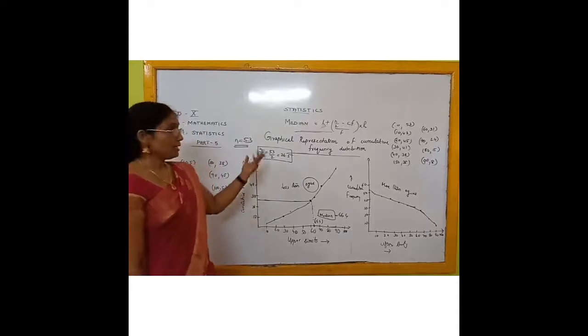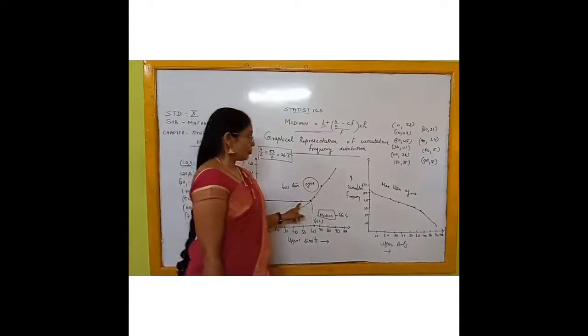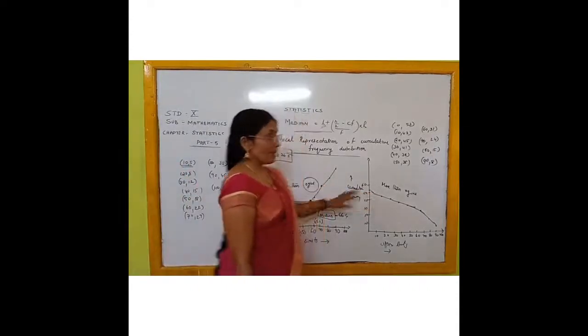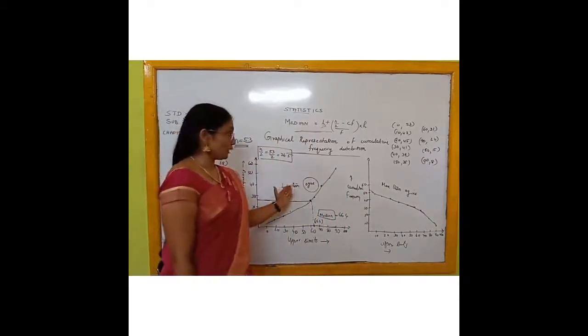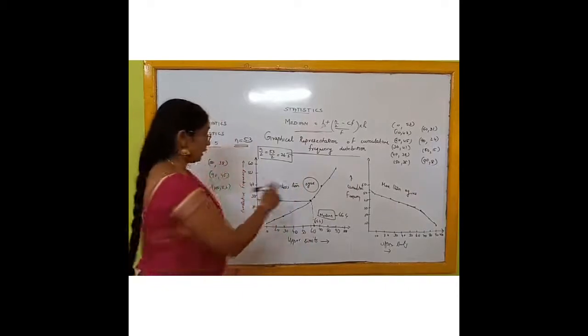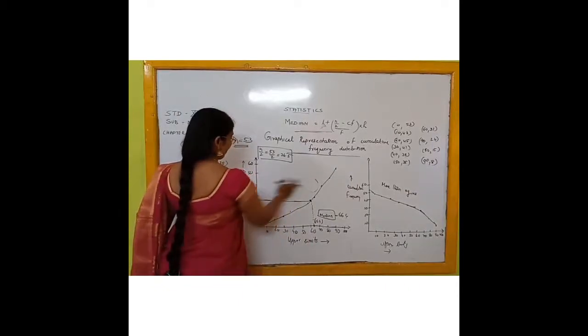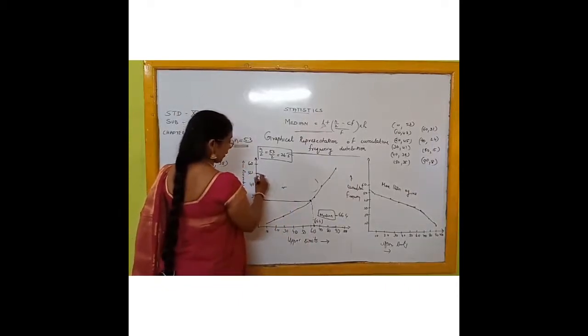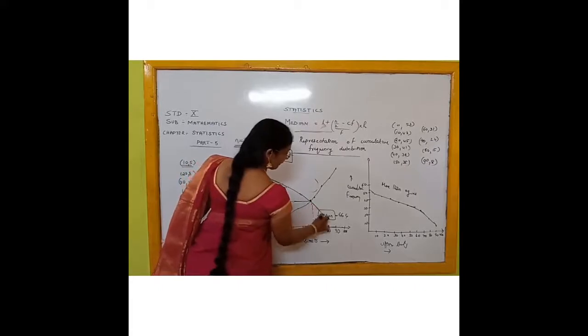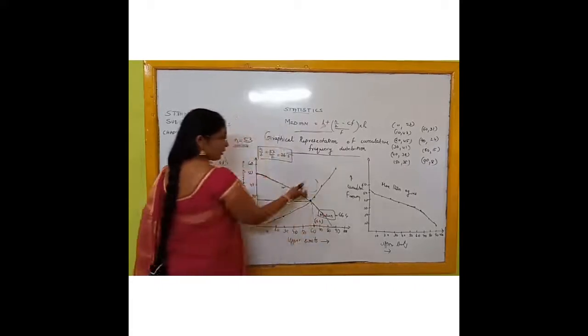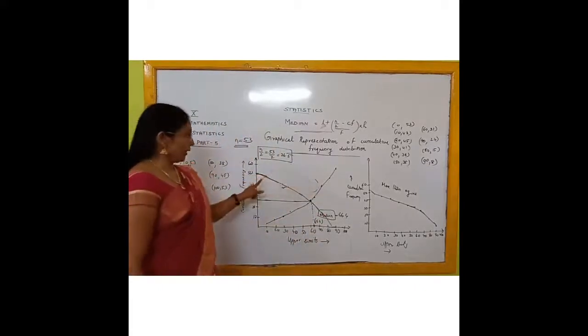Clear for you, children? Here I have done both the graphs separately. But both the graphs can also be drawn together on a single graph paper like this. That means I have not plotted the points again; the same points are going to come, and I am going to mark them this way. So you can see that the graph comes like this. I have just copied this graph here.